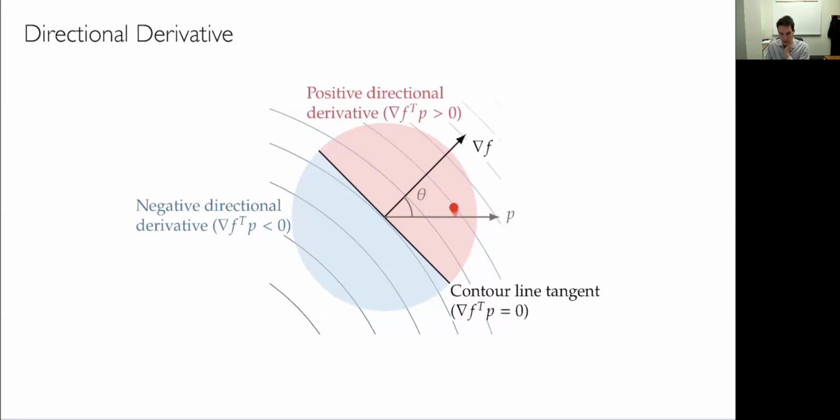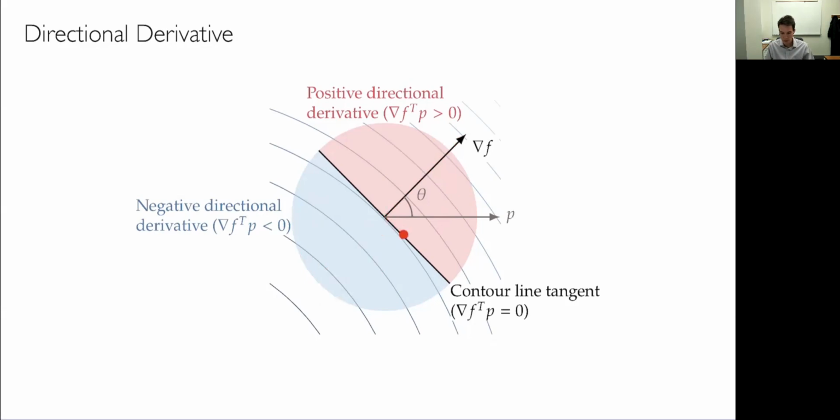Everywhere on this side, where the angle theta is less than 90 degrees, the dot product is going to be positive, so these will all give positive directional derivatives. On the other hand, if I choose directions this way, these will all be negative directional derivatives. And the one exactly opposite to the gradient of f will be my steepest decrease. That'll become important later. So this is my steepest increase, and this is my steepest decrease.